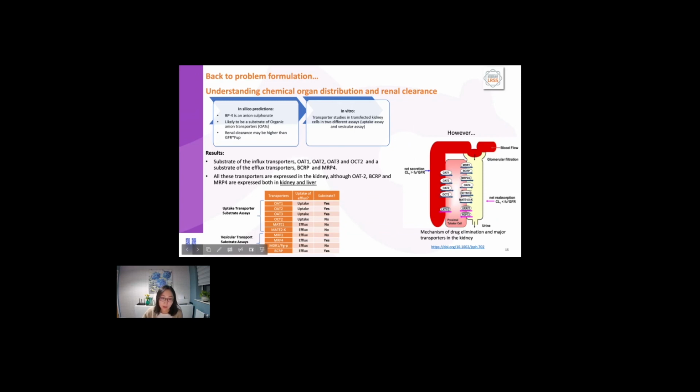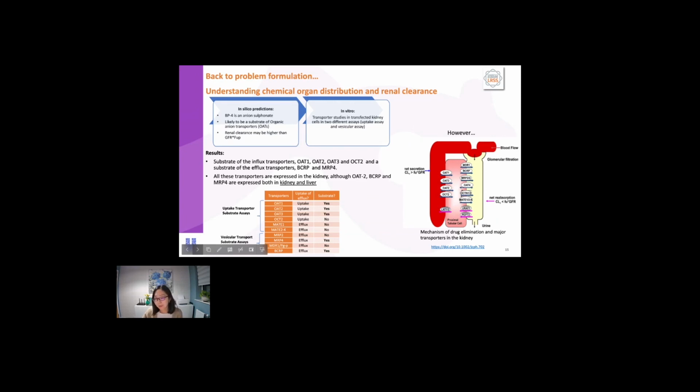And all these transporters are shown to be expressed in the kidney. However, OAT2, BCRP, and MRP4 are expressed both in the kidney and the liver, and the other two are not expressed in the liver.